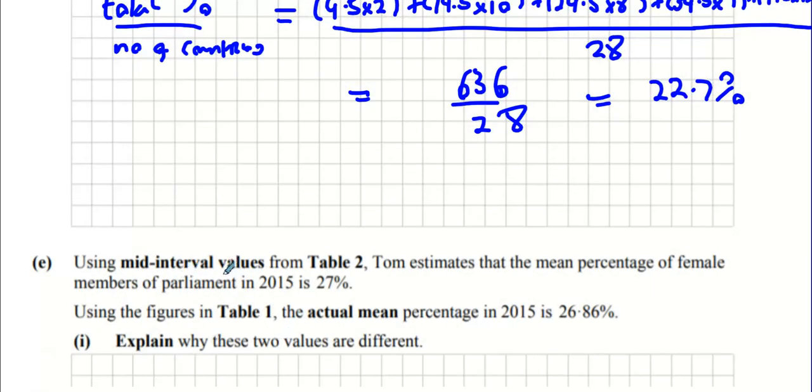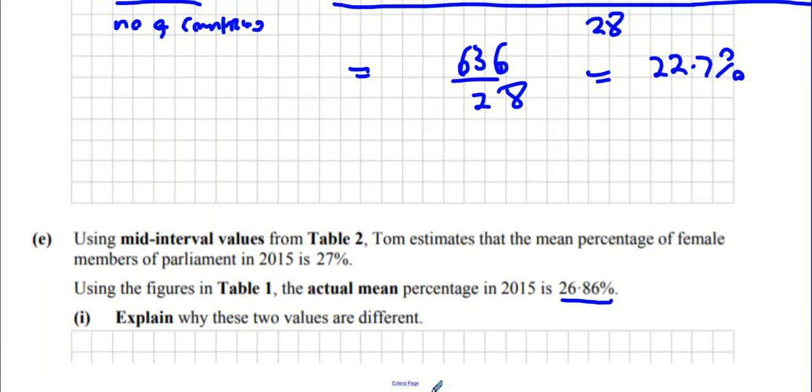Now, using mid-interval values from table 2, Tom estimates the mean percentage of females in parliaments to be 27%. Using the figures in table 1, the actual mean is 26.86%. Explain why these two values are different.